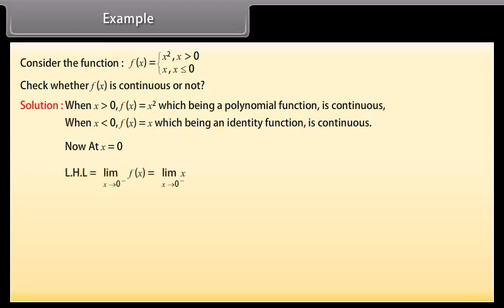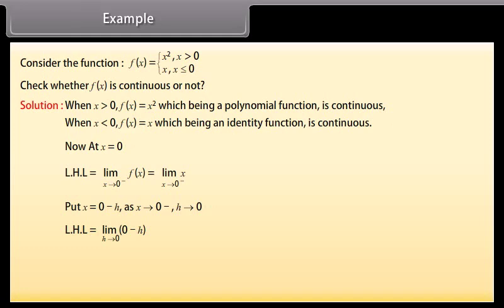Left-hand limit: limit as x approaches 0 minus of f(x) = limit as x approaches 0 minus of x. Put x = 0 − h; as x approaches 0 minus, h approaches 0.